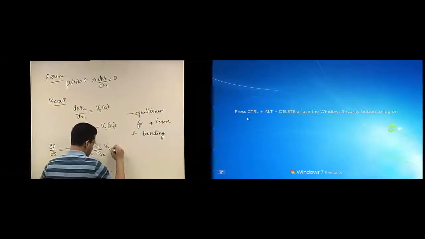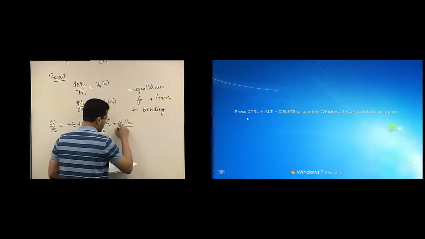Okay, so if we make these simplifications and obtain our expression for the shear flow again, this becomes minus ETS times x3 over h22 v3 plus x2 v2 over h33.